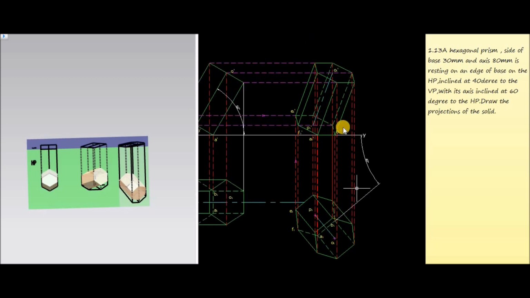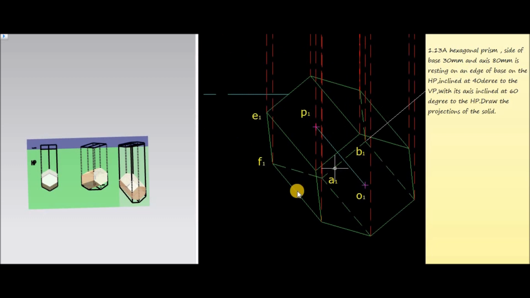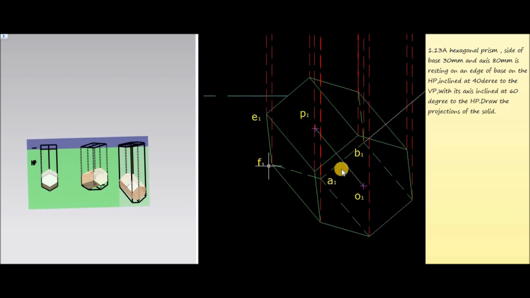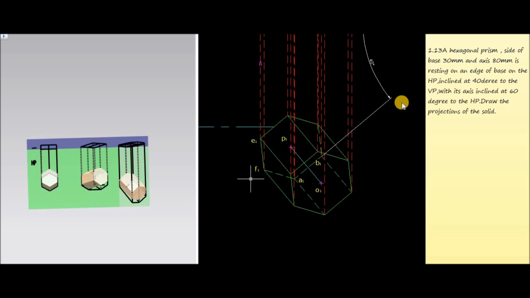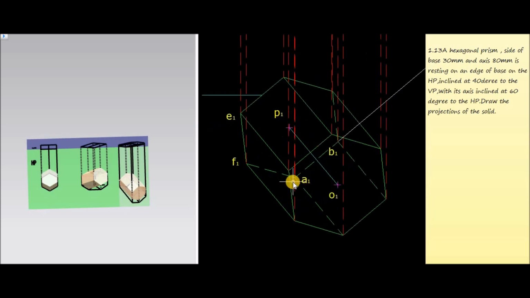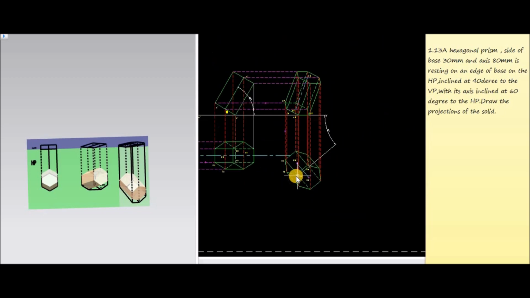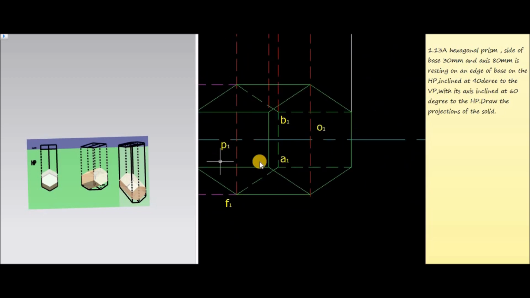Then in a third stage we are going to tilt the base edge AB at 40 degree to the XY line. So this is the base edge AB. Now this AB is to be represented by 40 degree angle with the XY line. Then take all the dimensions corresponding to the second stage corners like A1, B1, C1 bottom corners.